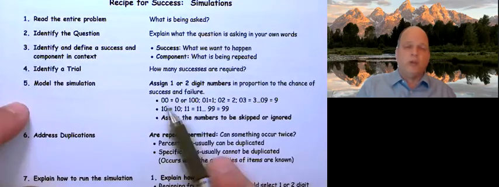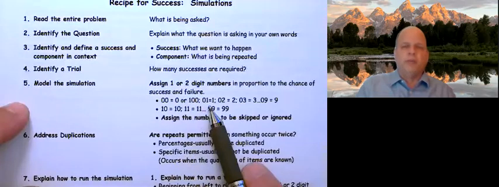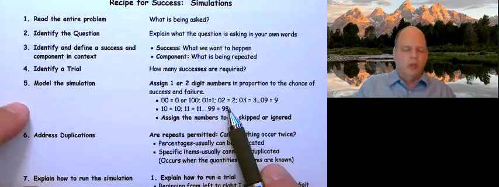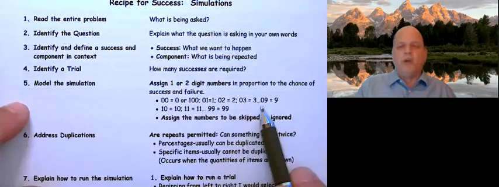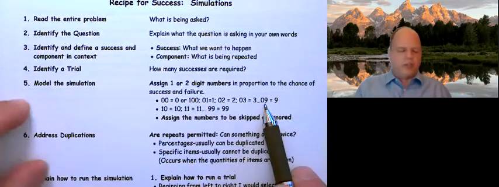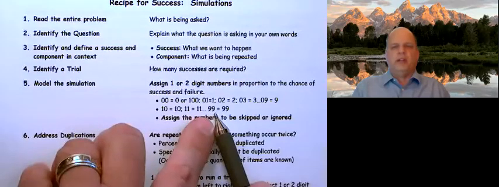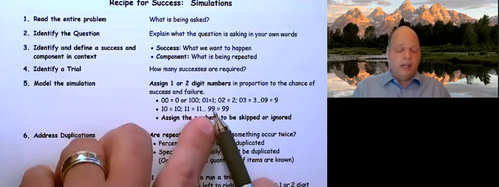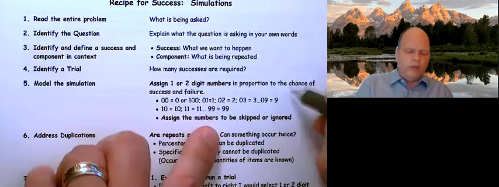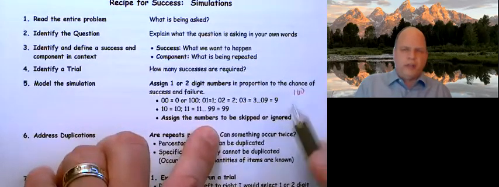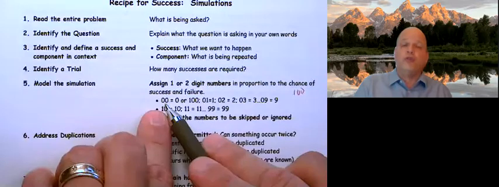So the 00 could represent either one, but 01 represents 1, 02 represents 2, 03 represents 3, all the way to 09 representing 9, etc. And then 99 would represent 99. You're like, well, why couldn't you just do 100? Well, 100 has 3 digits, and we said we were only going to use 2.